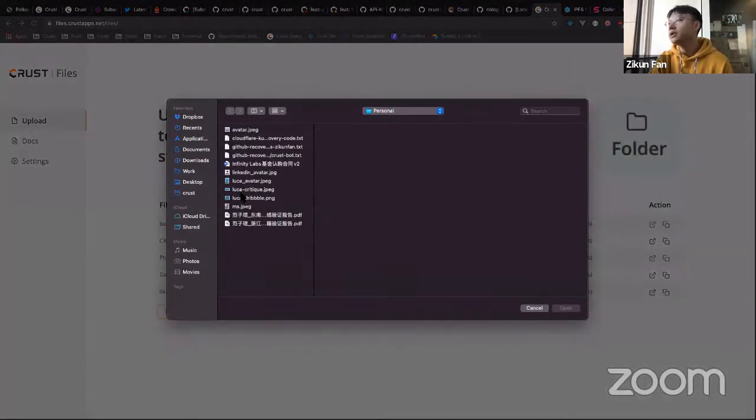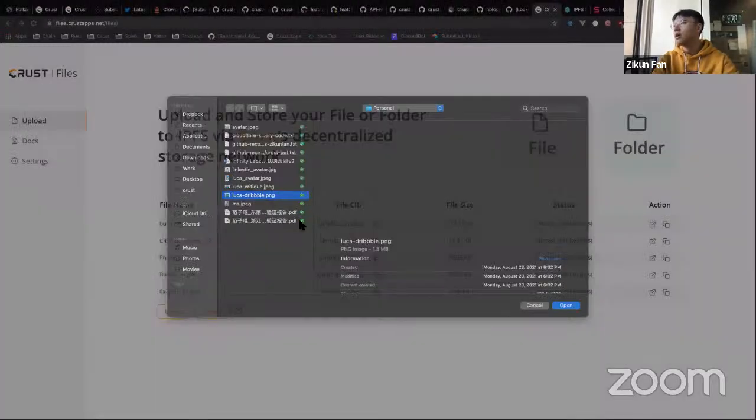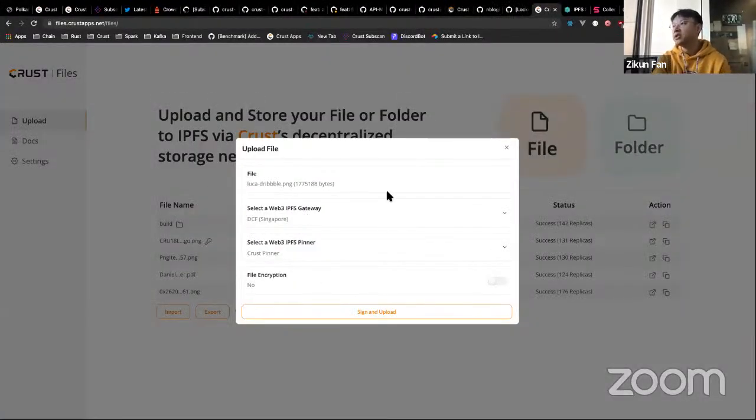So I just upload this one. Okay. So in this page, it needs you to select the Web3 IPFS gateway, which is a plugin and also a totally decentralized plugin. That gateway means you do not need to install the IPFS client locally.